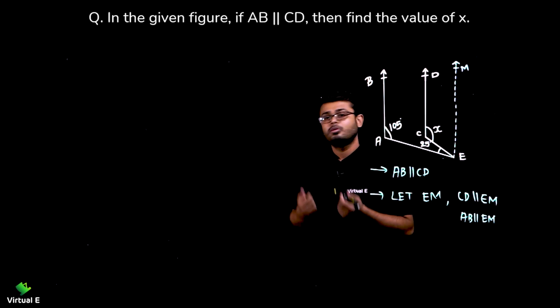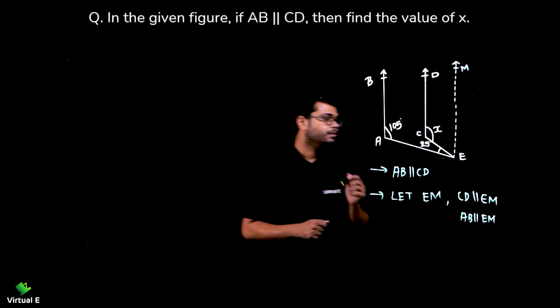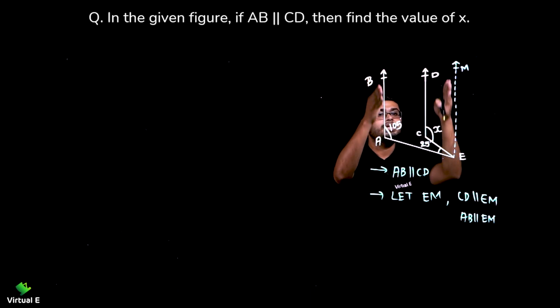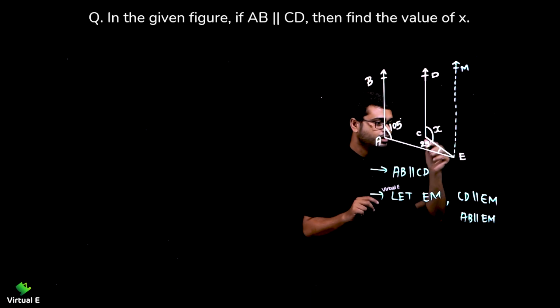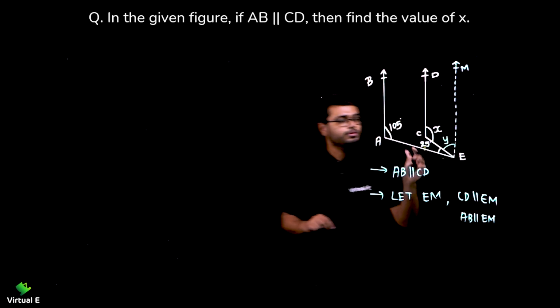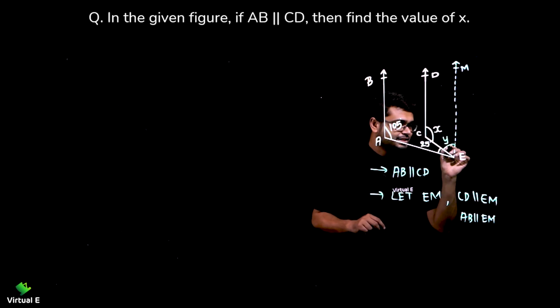Now what to do with that one? See, the basic idea we want to start with: first of all, let's talk about only these two parallel lines. This angle I'm taking as Y. Be careful, I'm taking only this angle as Y, right? X is still there.